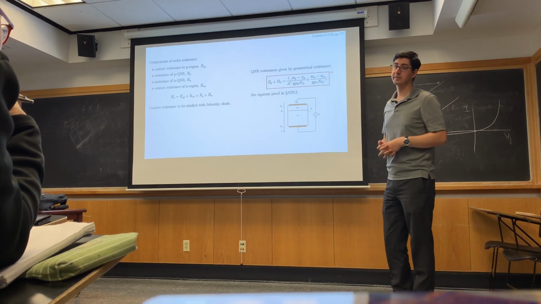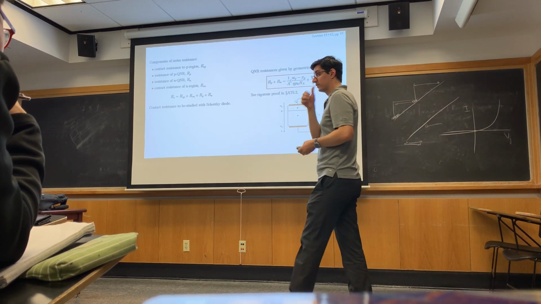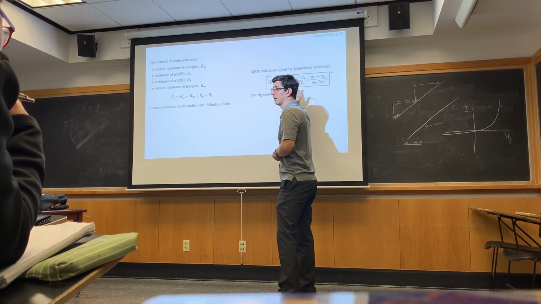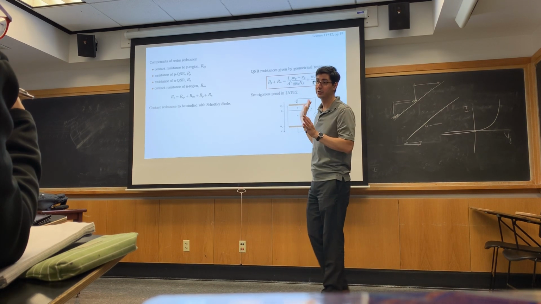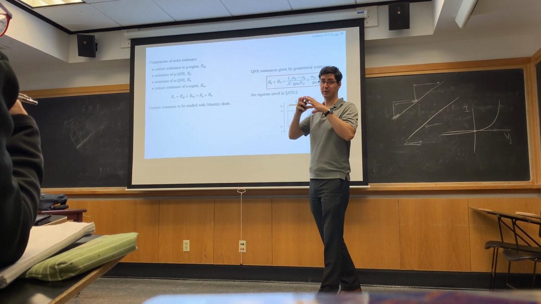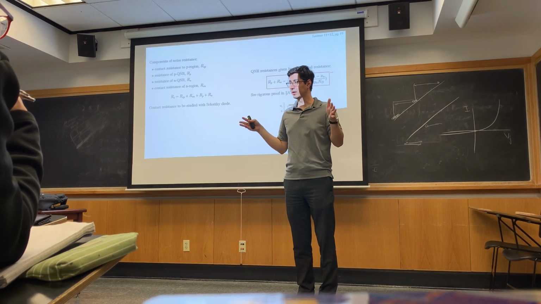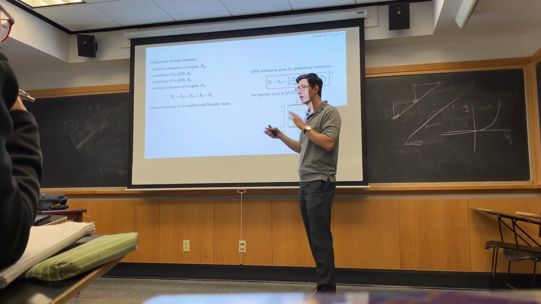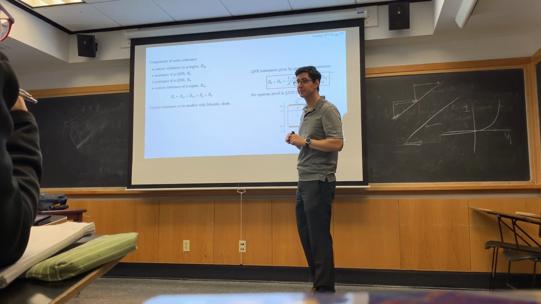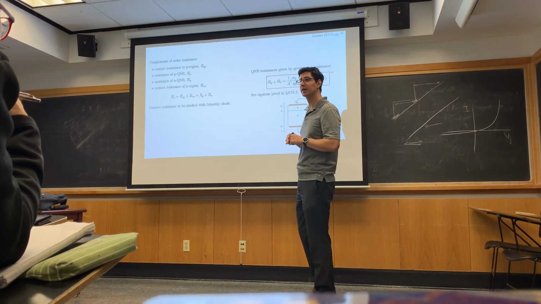Well, what's the resistance of a quasi-neutral region? Here we're assuming it's uniformly doped at Na, and we already know how to do this. We have a semiconductor bar, uniformly doped, with some length, some width, some thickness. What's the resistance?